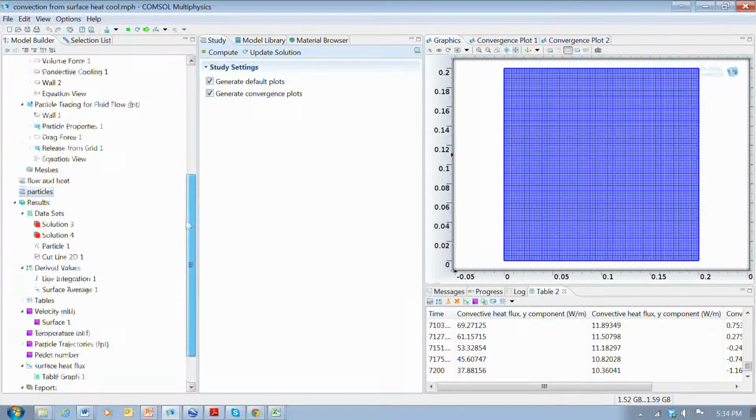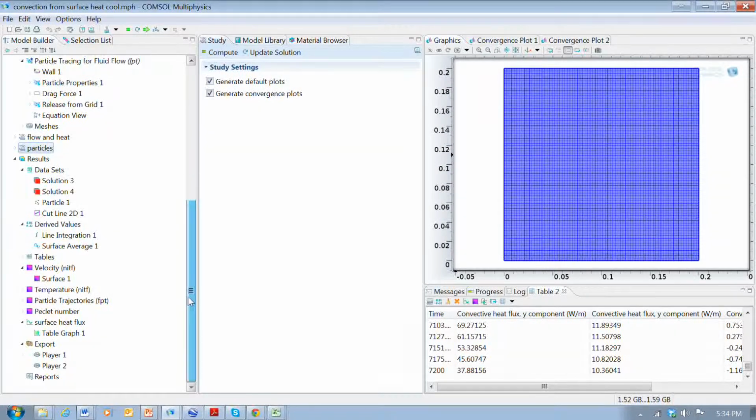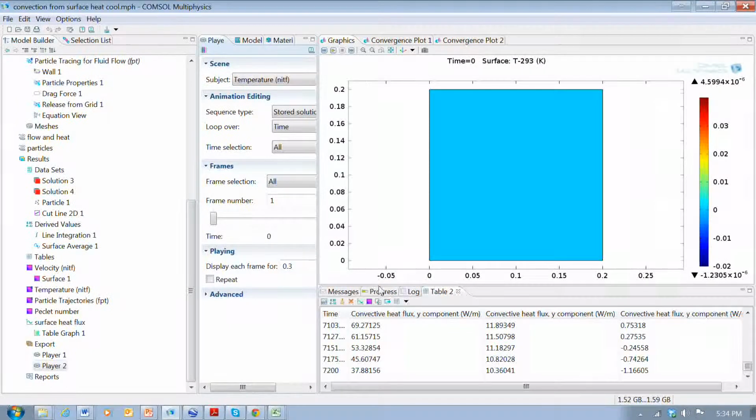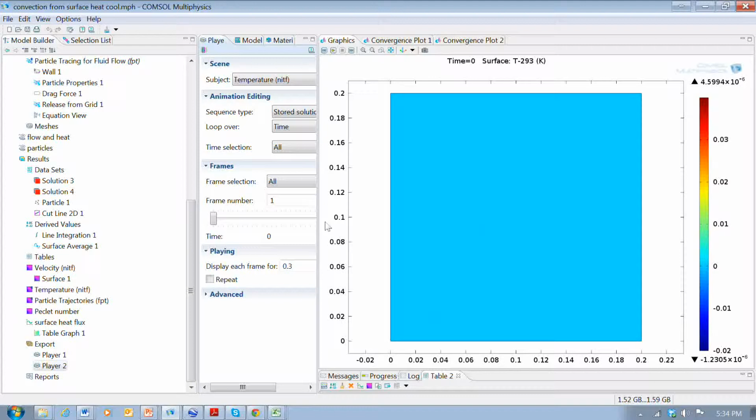So I did the analysis, and here's what the flow and heat results are like. Let's take a look at the player here. I ran this previously, and let me get this a little bit enlarged. And so here we go.